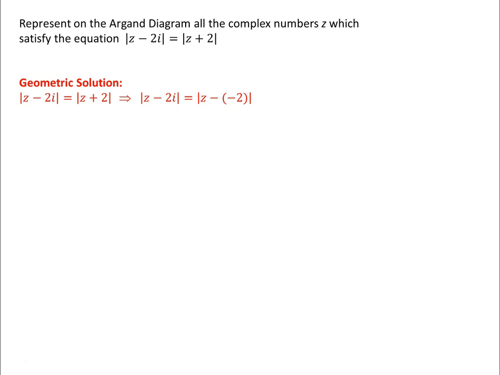Remember that the modulus of z minus w means the distance of z from w. So what we're saying is that the distance of z from 2i must equal the distance of z from minus 2.